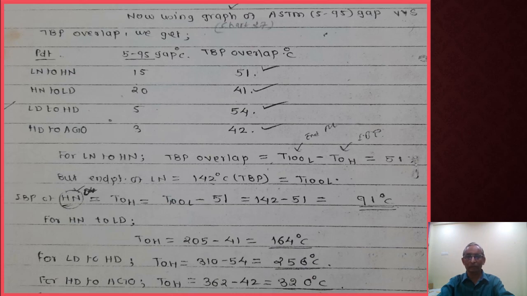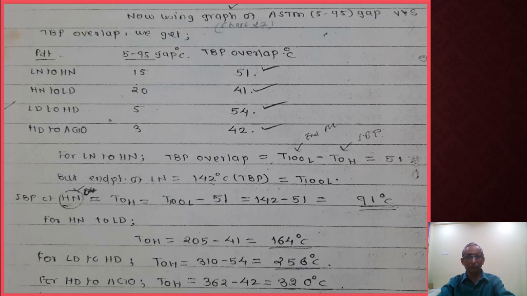Once you know T100L and the TBP overlap is 51, very easily for the second fraction, the initial boiling point will be 91. IBP of heavy naphtha, that is T0H, is equal to T100L minus 51, which gives 91 degrees centigrade. Understand? We have done this calculation for light naphtha to heavy naphtha.